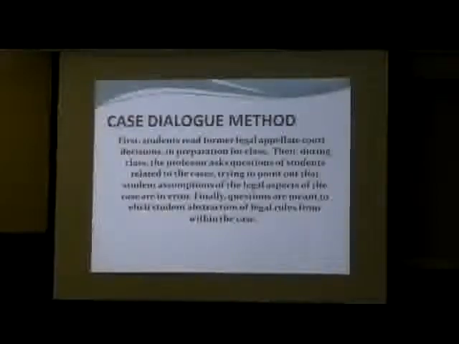Now, the dialogue aspect of it comes in when you're actually teaching the class. Typically, you'll pick out one person in the class, and you don't know who it's going to be at the start of class. Then the professor will have, so to speak, a Socratic dialogue with that one person, while the rest of you are supposed to listen in, actively listen to the dialogue between the two, and thereby learn certain aspects of the law through that dialogue.